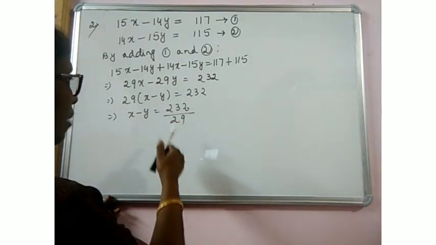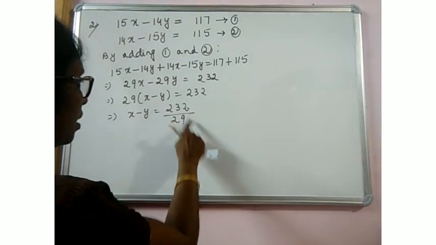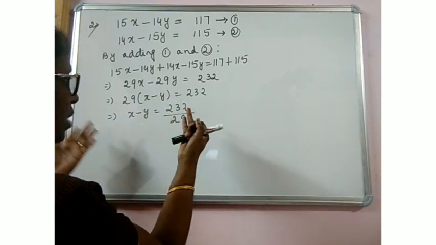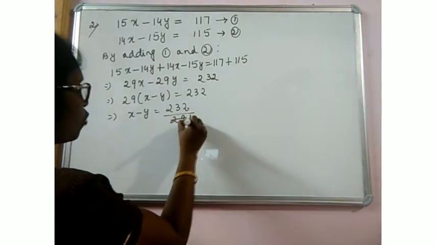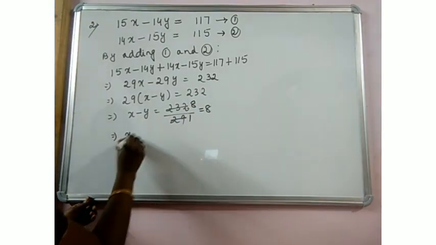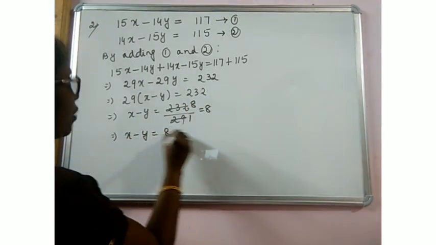Let us see with what number it can cancel. 29 × 8 is 232. That means x - y = 8 we got.